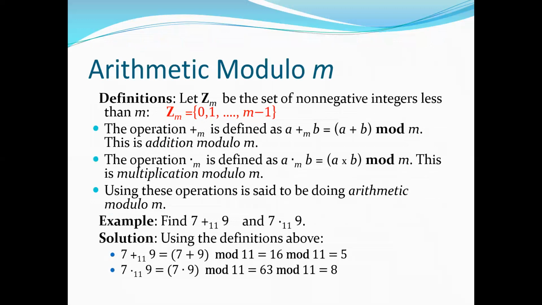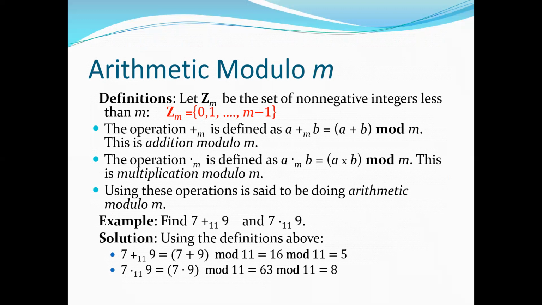Okay, now let's move on with arithmetic modulo M. Let Z sub M be the set of non-negative integers less than M, so Z sub M is equal to 0 to M minus 1.